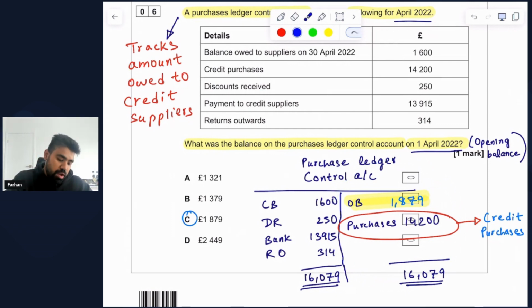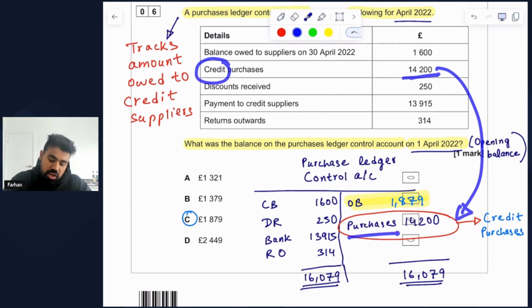Because we have made purchases on credit worth £14,200, and because it reflects an increase in the amount that we owe our suppliers, we are including it on the credit side as purchases of £14,200.